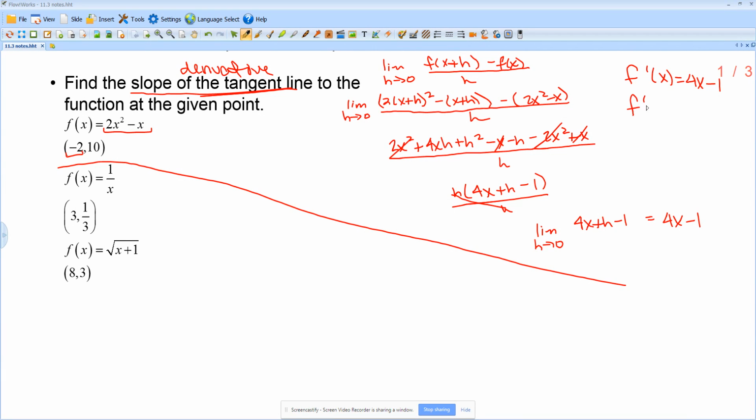So I want f prime of negative 2, which is 4 times negative 2 minus 1. So I get f prime of negative 2 is equal to negative 9. And that's how I should write that final answer. And again, what I just found out is the slope at this point on the parabola is negative 9, just at that instant.